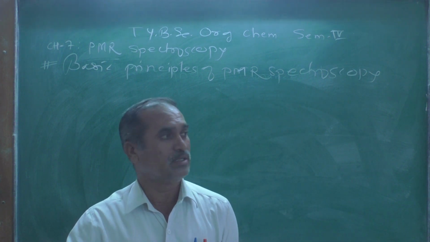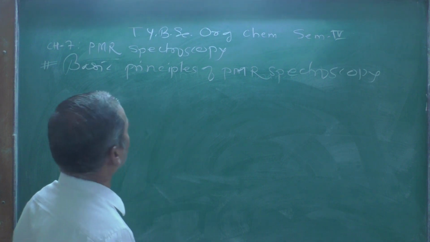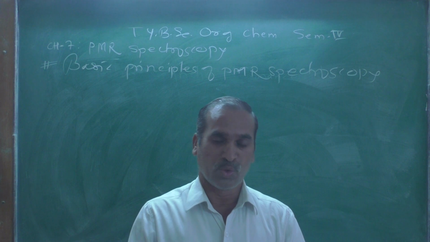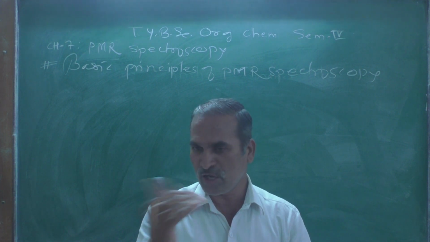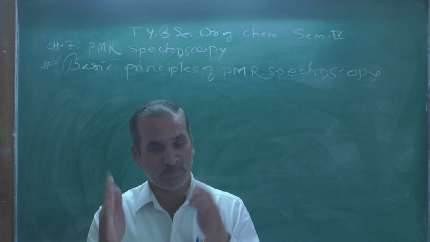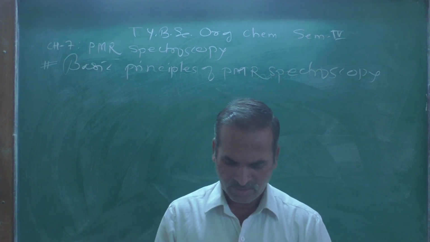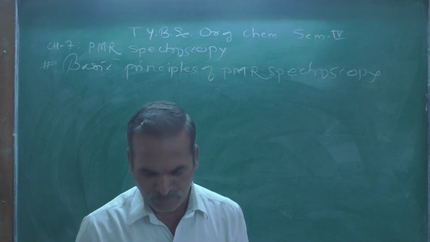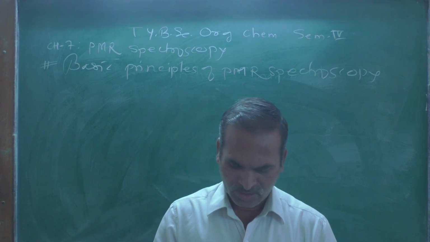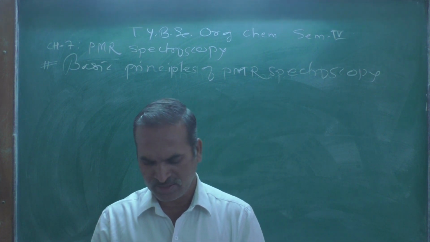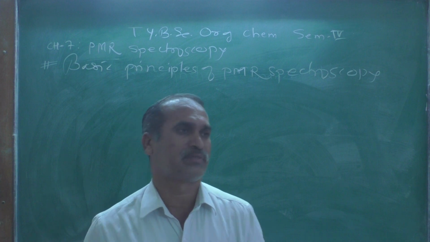But here, for the basic principle of PMR spectroscopy, listen to only one sentence, and then you can understand the basic principle. The PMR spectroscopy deals with the nucleus of an atom that possesses a magnetic moment.